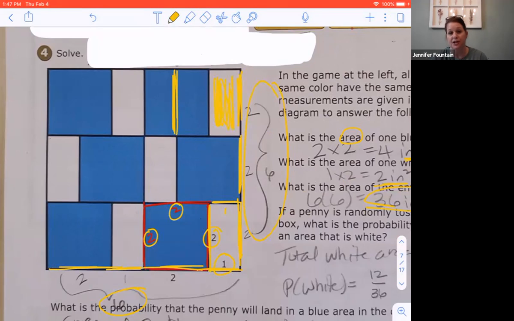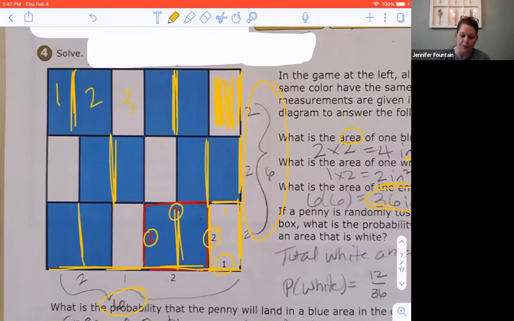So I have twice as much chance of it landing on blue than I do white. But if I had to break up my blue boxes into equal segments, I can see now that I've got 1, 2, 3, 4, 5, 6, 7, 8, 9, 10, 11, 12, 13, 14, 15, 16, 17, 18 there.